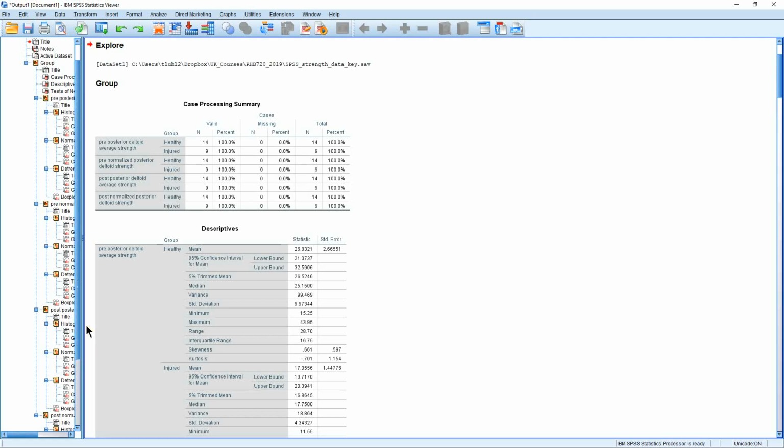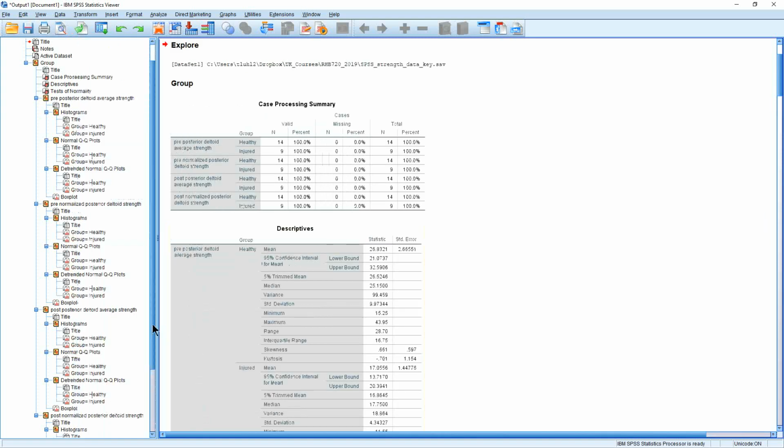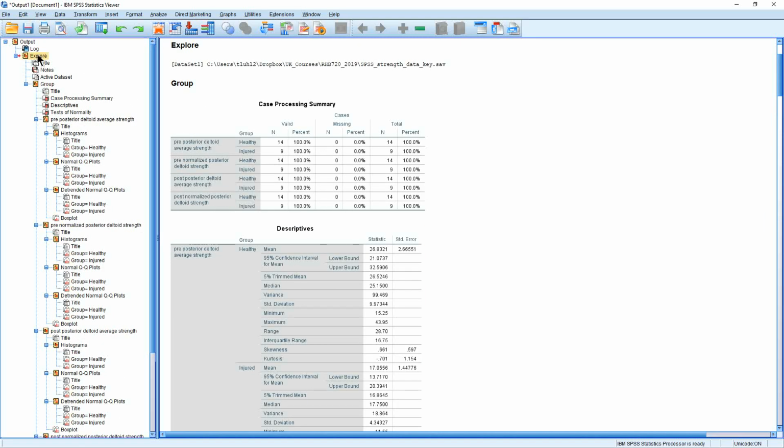So if we look over here on the left side to start with, the explore function is run. It tells me what data set I'm using. This is from my SPSS, and then it breaks them out by my group. So it gives me my overall group summary. It used all the data that I had available.